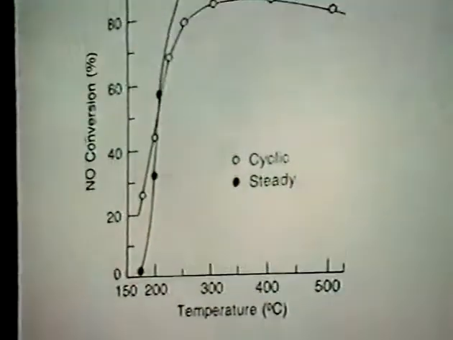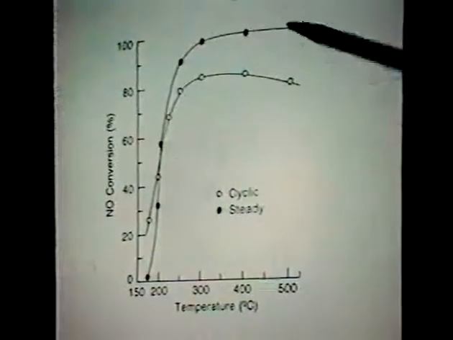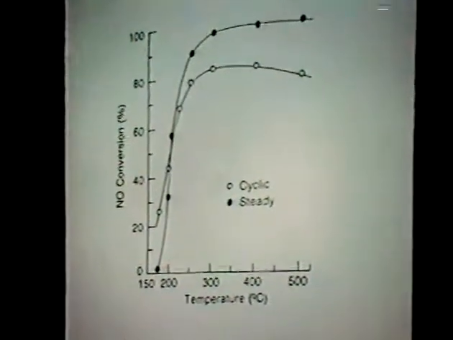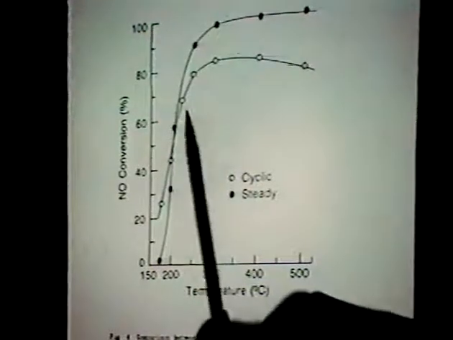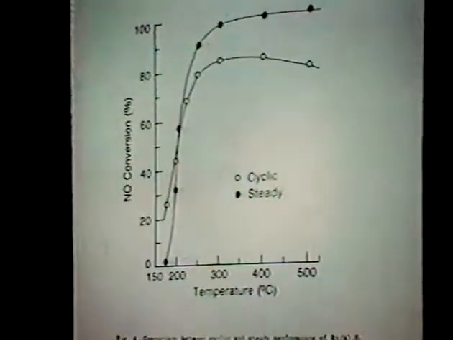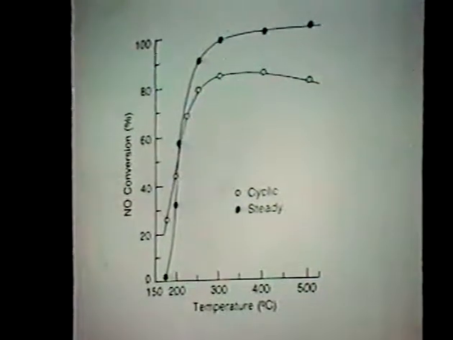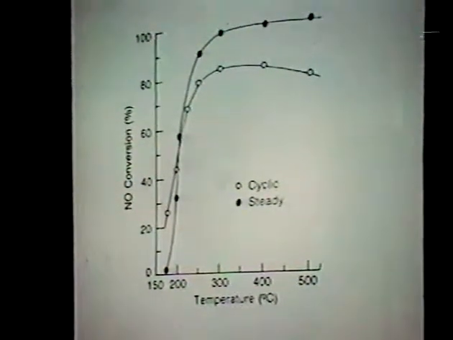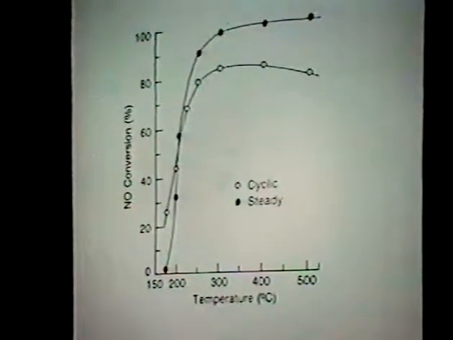That is, above the reaction light-off temperature, the steady state operation of the catalyst performs better, while below the reaction light-off temperature, cyclic operation performs better for a binary surface catalytic reaction. That seems to be a kind of principle when we compare cyclic and steady operation for a binary surface catalytic reaction.